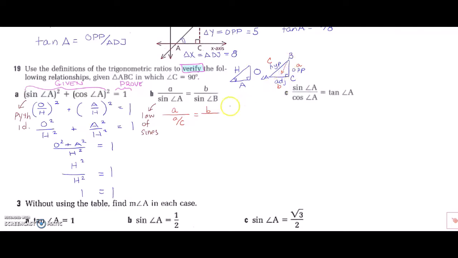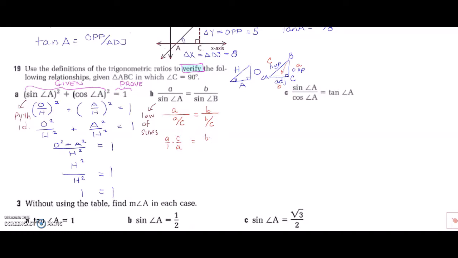So now B is opposite. And then my hypotenuse. So sine is always opposite over hypotenuse, but the leg can switch depending on the angle. So now when I have A divided by A over C, I have to multiply by the reciprocal.